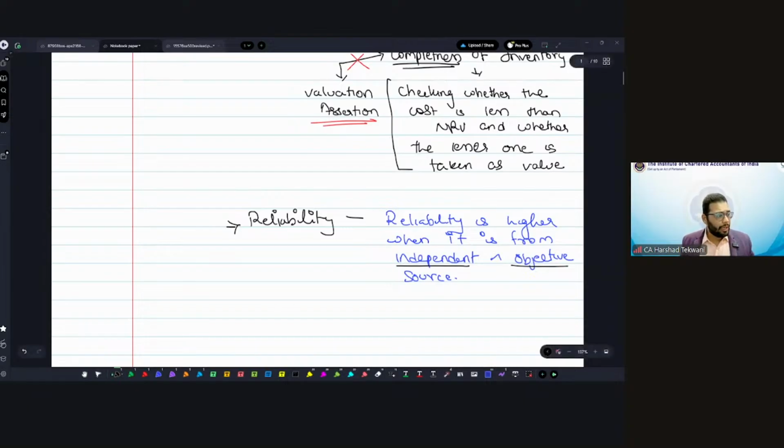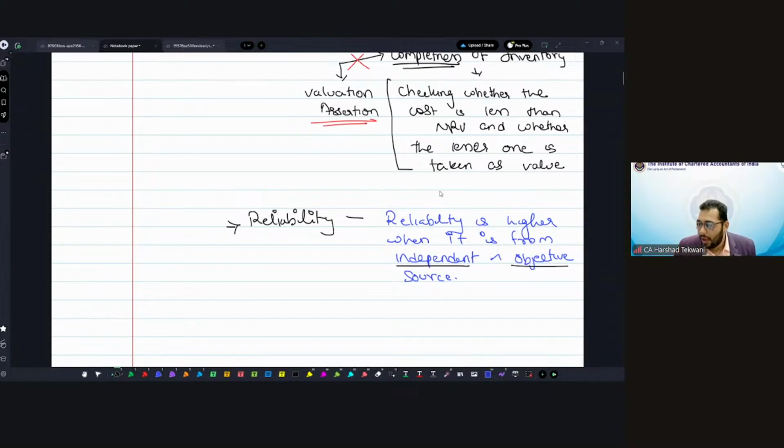Any doubt till now? Hetal, Mega, any doubt? No? Okay. So that was one part that I wanted to discuss about audit evidence: reliability, relevance with respect to appropriateness.